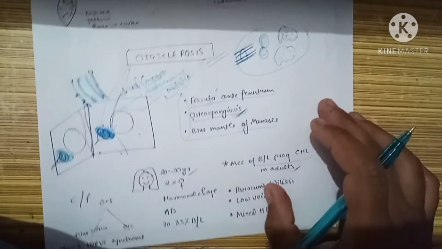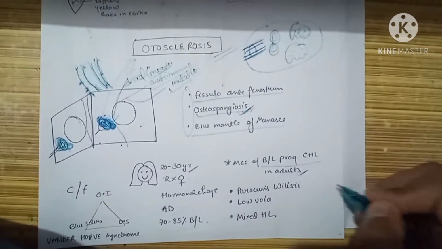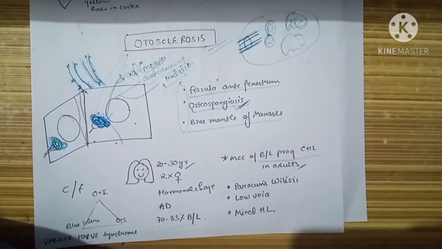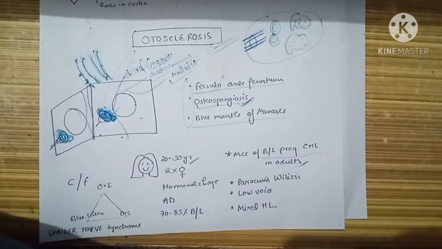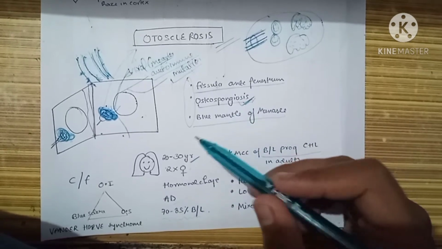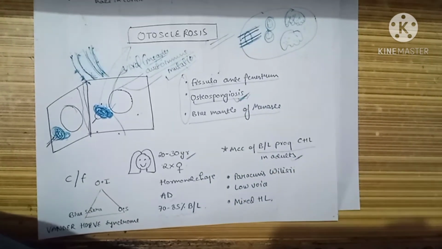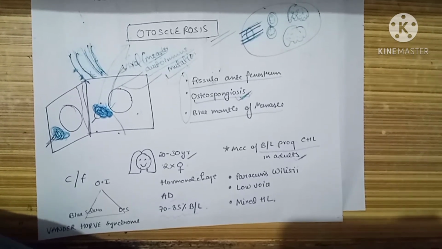Now another phenomenon we need to remember about this condition is paracusis willisii. This is a condition where the patient hears better in noisy surroundings. We will consider a situation: a woman in her third decade, a white woman, because this is more common in white people, is traveling through a street which is very crowded.